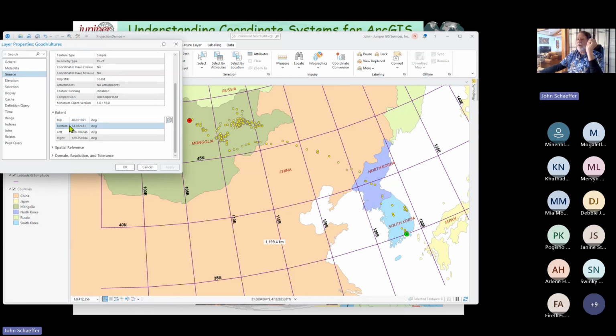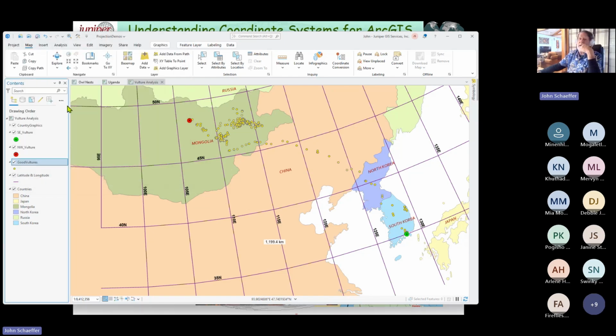The bottom is almost 35 degrees north. To the left is 106 degrees, and to the right, it's almost 130. I'm going to say 129 degrees. So that's the extent. That's our box. And that's what I want to try and match.